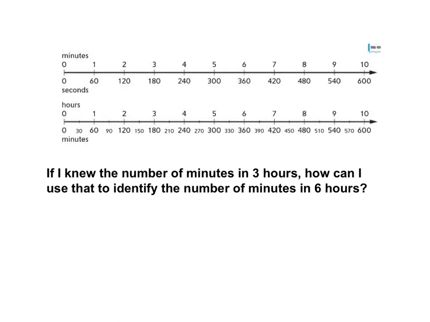So here's a question, and I kind of alluded to this on the page before. If I knew the number of minutes in 3 hours, how can I use that to identify the number of minutes in 6 hours? So 3 hours is the same thing as 180 minutes.